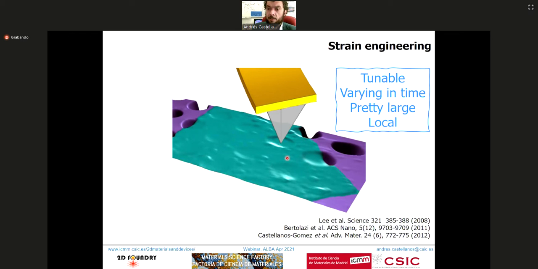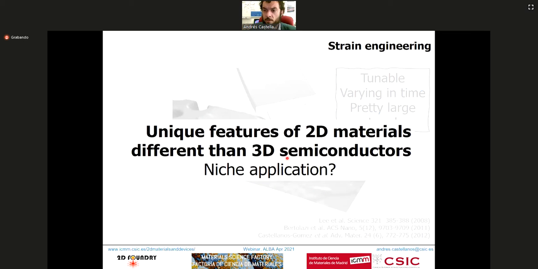And these two-dimensional materials can stand very large deformation before rupture, close to the fundamental limit of the atomic bonds. So this is quite unique. Combining these things makes unique features of two-dimensional materials, and maybe straintronics is a niche application for them. That's why I got interested in applying two-dimensional materials to this field.